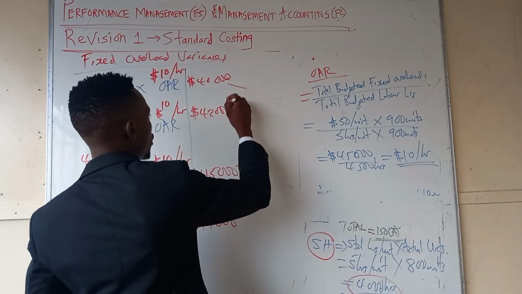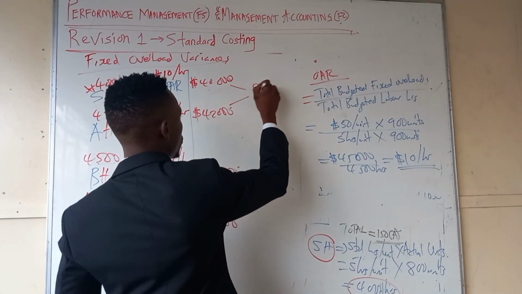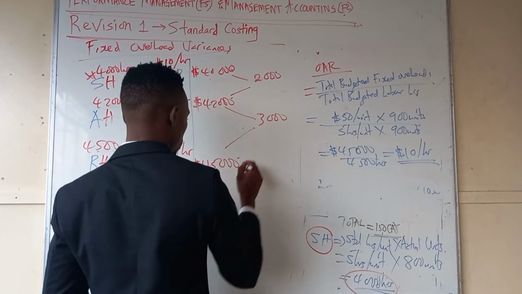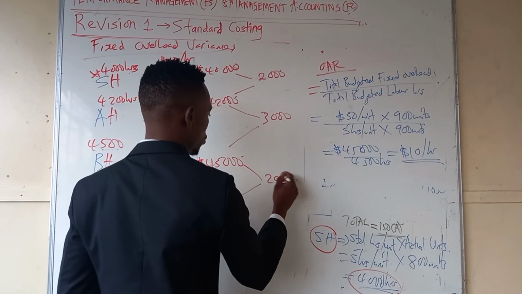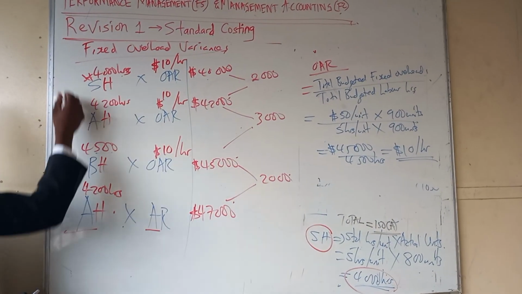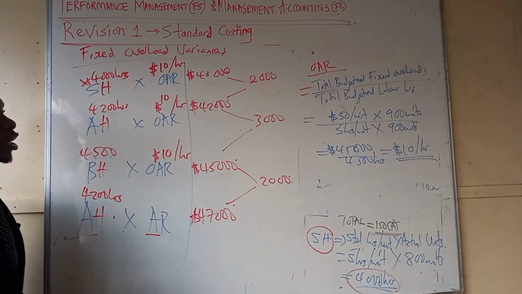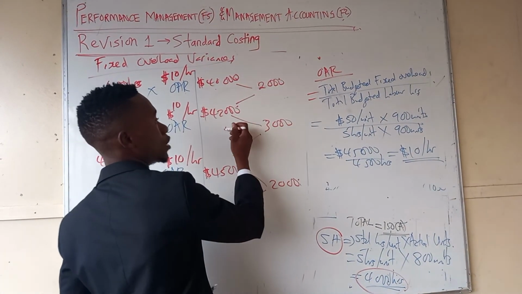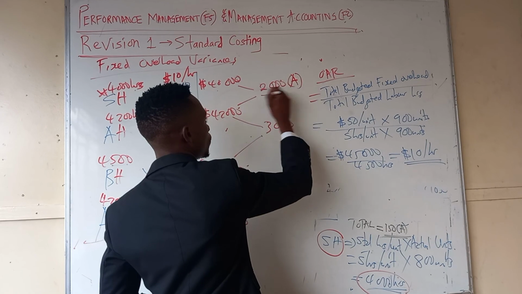So we do have the variances of 2,000 here, 3,000 here, 2,000 here. As you can see, we are moving from the standard to actual. So the cost increased, meaning adverse.